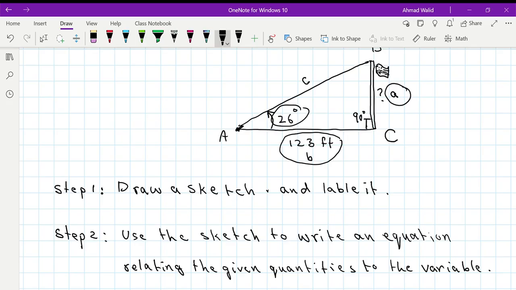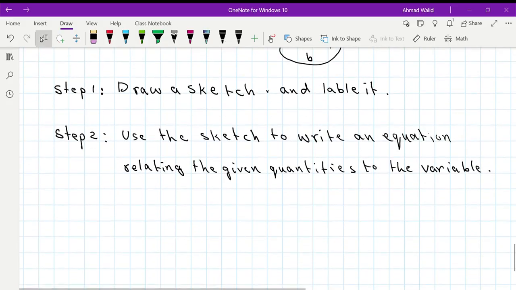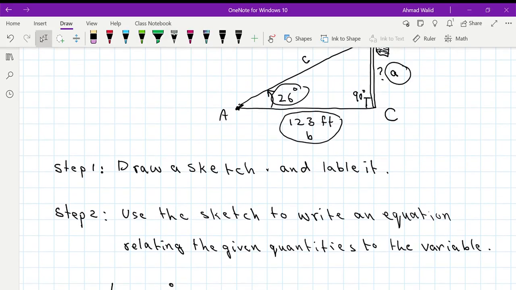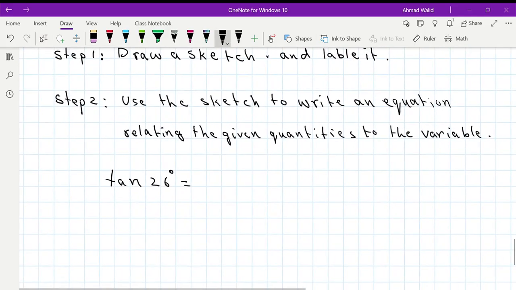Definitely you know that's tangent. We have enough practice. We will use tangent. Tan of 26 degrees equals opposite over adjacent. It means a over 123. You see?